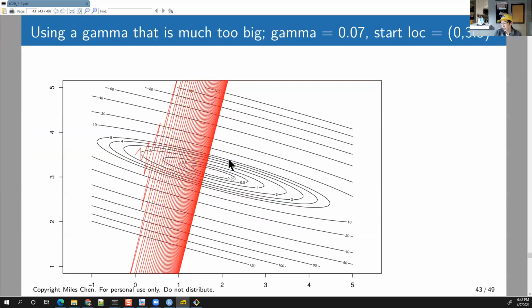And so as far as picking your gamma, pick an arbitrary gamma, but be ready to mess around with it. Is there a way to know what gamma you should use? The answer, unfortunately, is there is not a great way to figure out the best level of gamma.